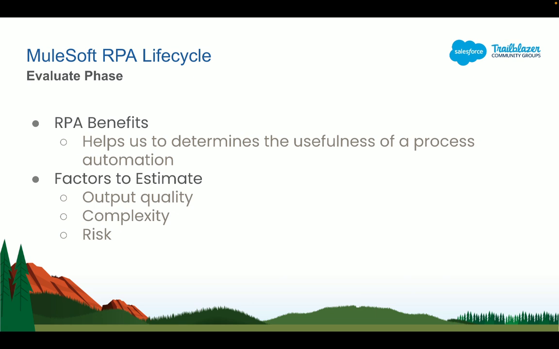If you want a high output quality, yes, MuleSoft RPA can be a good tool for you. Complexity, if it's highly complex, yes, MuleSoft RPA can also do it. And risk, if you don't want a failure, and it's a very high risk job, then MuleSoft RPA can help minimize those human errors that were causing problems previously, right? Now this is your RPA benefits.